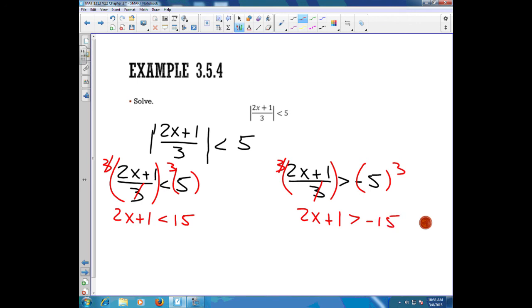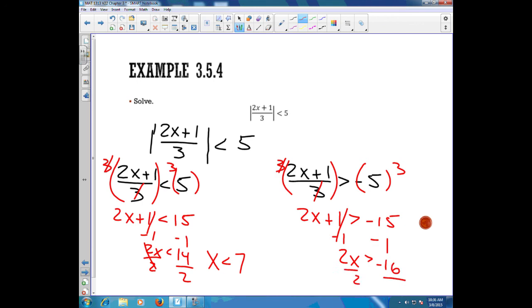And now we can solve both of these equations: subtract 1 from both sides, divide by 2. We get x is less than 7. Here we subtract 1 from both sides, divide by 2, and we get x is greater than negative 8.